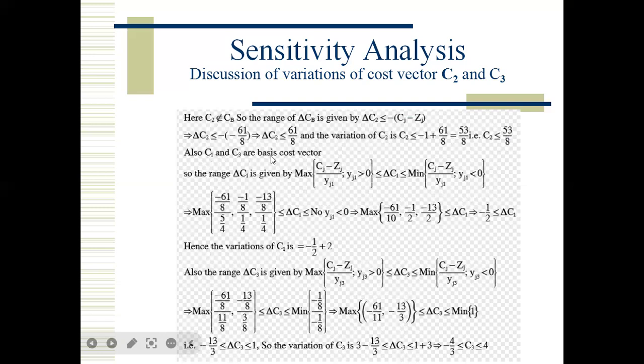Also for C1 and C3, which are basic vectors, the range of discrete change of the first cost vector is given by this formula for finding the cost vectors. The Cj minus Zj values are minus 61 by 8, minus 1 by 8, and minus 13 by 8. How do we get these?